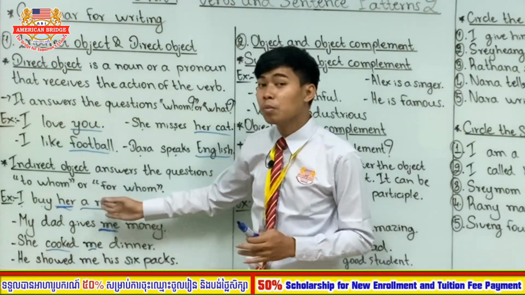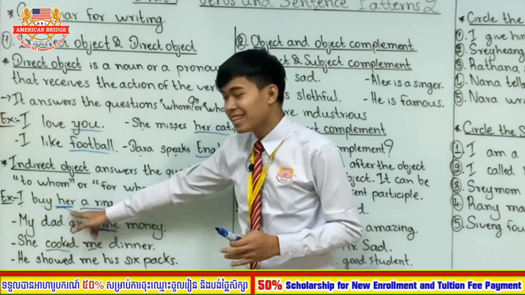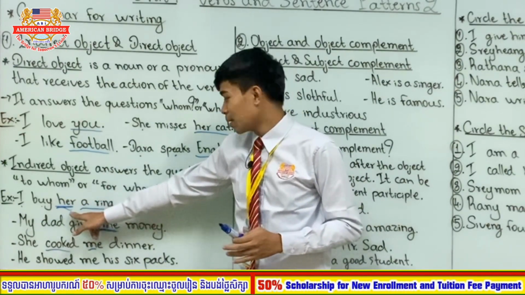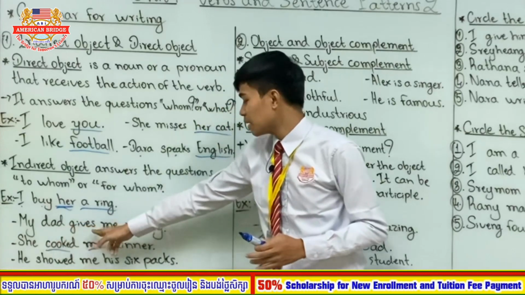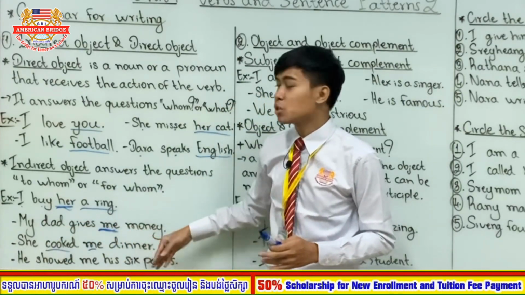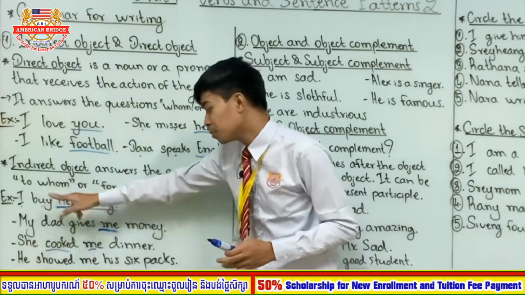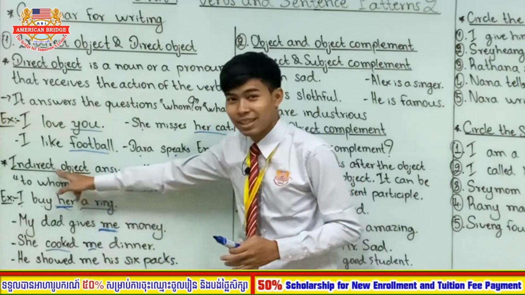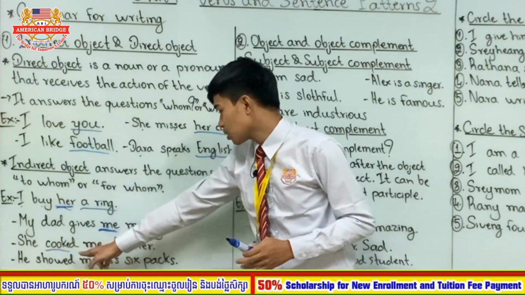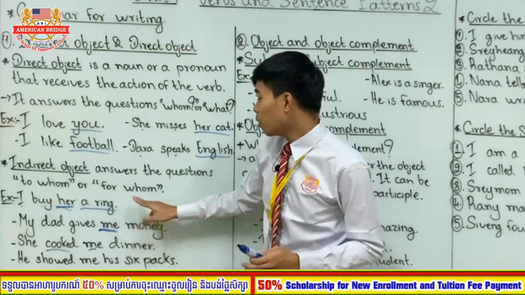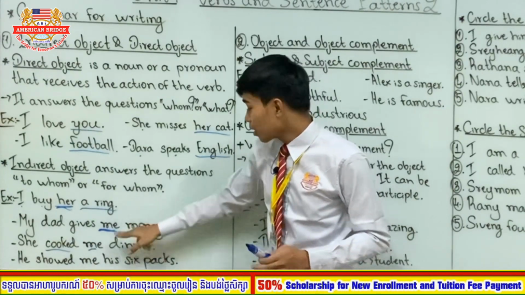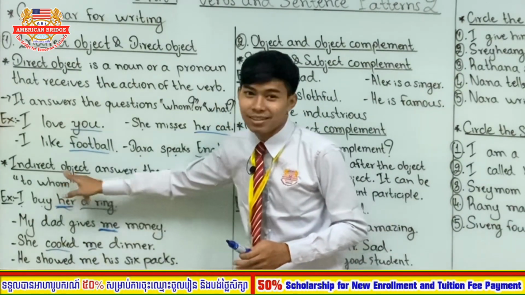Buy for whom? Buy for her. So her here is an indirect object, right? My dad gives money. Gives money to whom? Give to me. So me is an indirect object. She cooked dinner. Cooked for whom? Cooked for me. So me here is an indirect object.